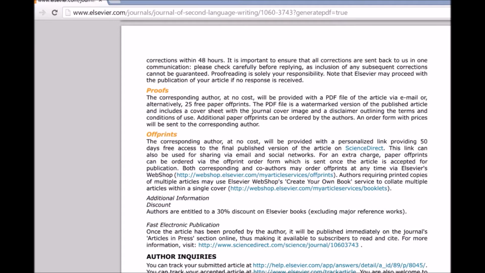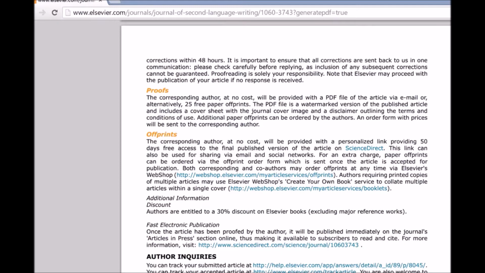That's a kind of tricky issue. We'll talk about that later. So they give you offprints here because it's a corporation. They give you a link so you can get more prints. They even give you a discount.